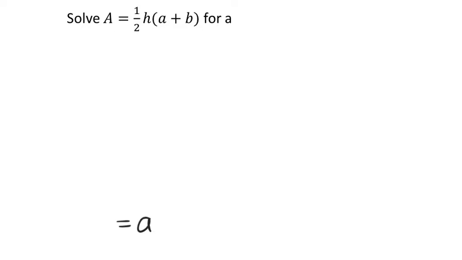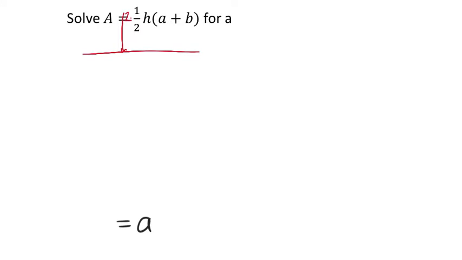So to start us off here, what I would like to do to isolate this a is I don't want this garbage right here. Now, some students are like, I need to distribute that stuff, don't I? You could. I just don't want to, so I'm not going to, okay? But I'm going to make a 1. I'm going to make two 1s, but one at a time. So first off, principles of equality, whatever I do to one side, I got to do to the other side.